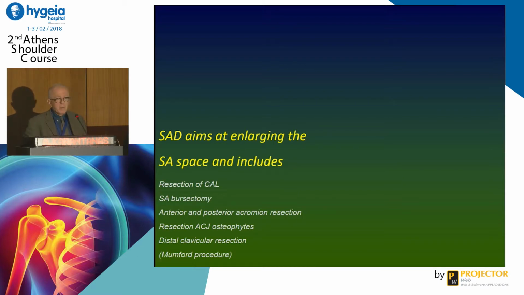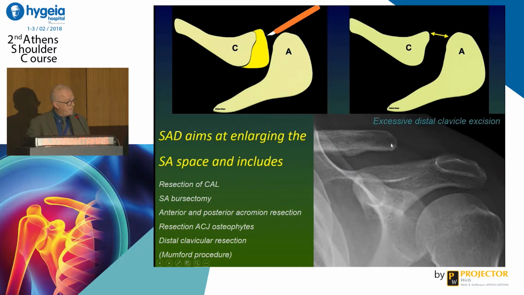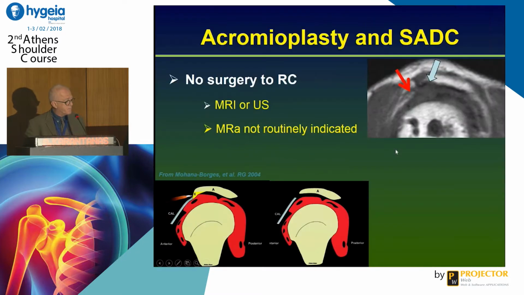Bursectomy, acromial resection, osteophyte resection, and distal clavicular resection, known also as Mumford procedure. Here we see the enlarged space postoperatively, and this is the plain film with an excessive distal clavicle excision.